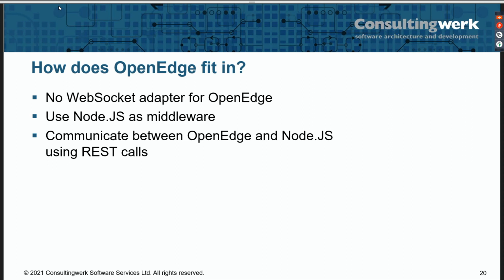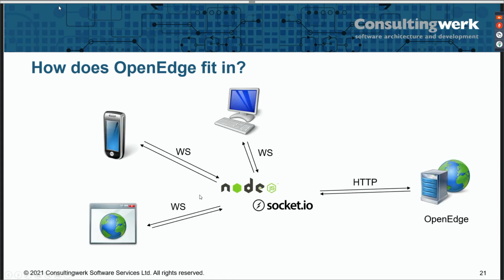And then once OpenEdge replies, it will broadcast a message further to connected clients. So then our architecture becomes more like this: we have the connected clients connected via WebSocket, and then we have OpenEdge communicating with the Node.js middleware using HTTP.